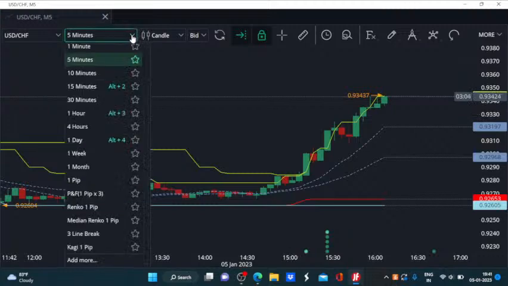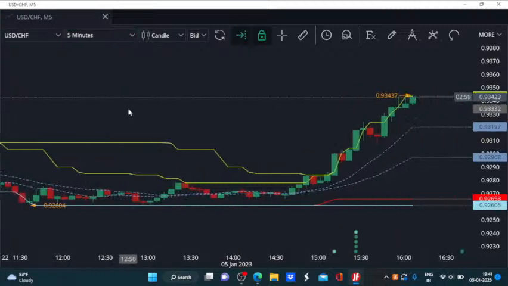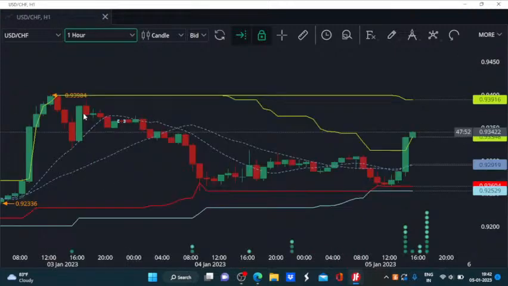So the momentum is not that strong as is the case with the GBP or the JPY, but it is nonetheless bearish, and we have to go with the flow and keep looking for opportunities to go long in the USDCHF. But then we have better choice in USDJPY.